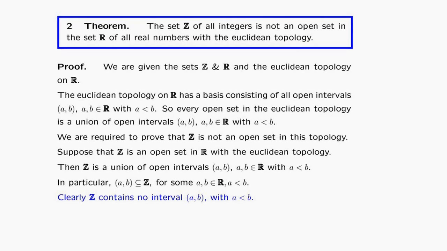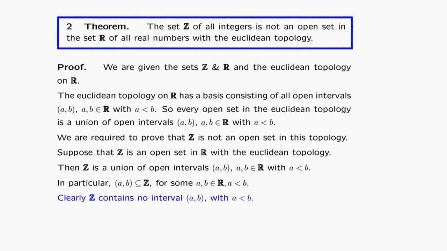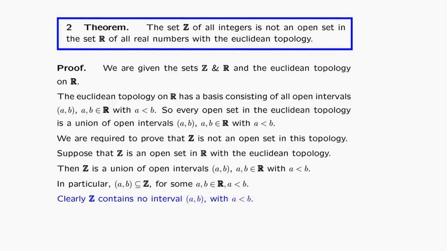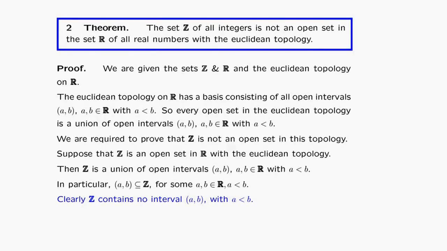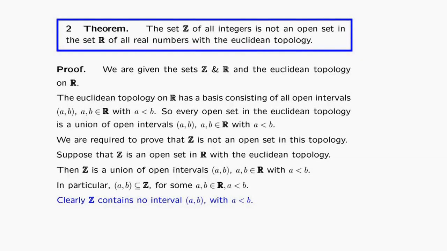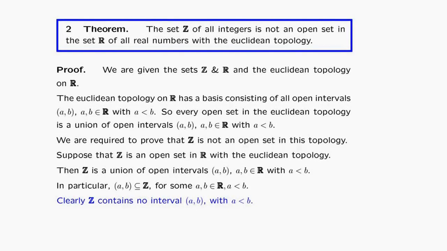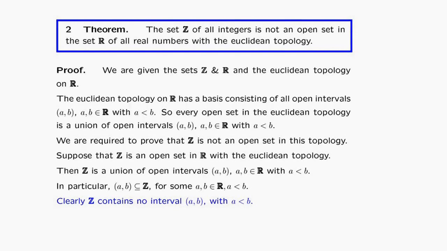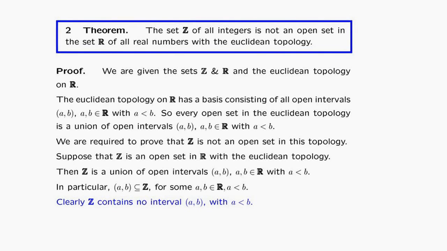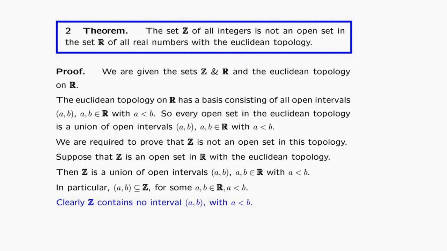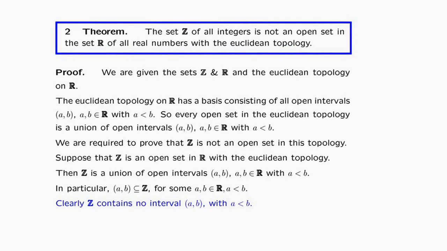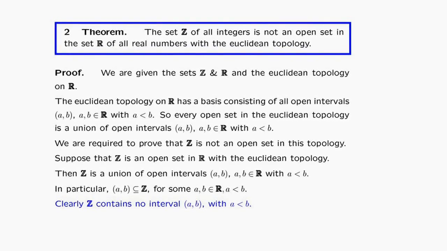Another way is to say that every interval (a, b) must contain a non-integer rational number, but Z, of course, only contains integers. A third way is to say that every interval (a, b) must contain an irrational number, and Z contains no irrational numbers.